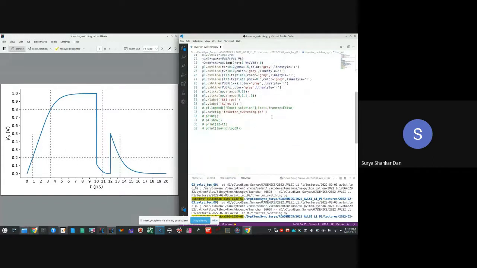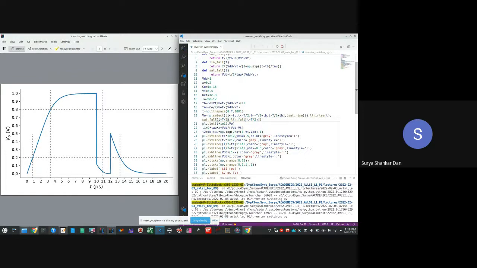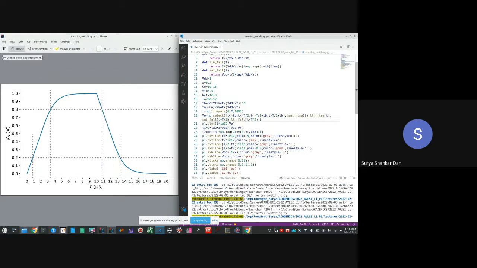I made a few changes here, that's why it's taking time.